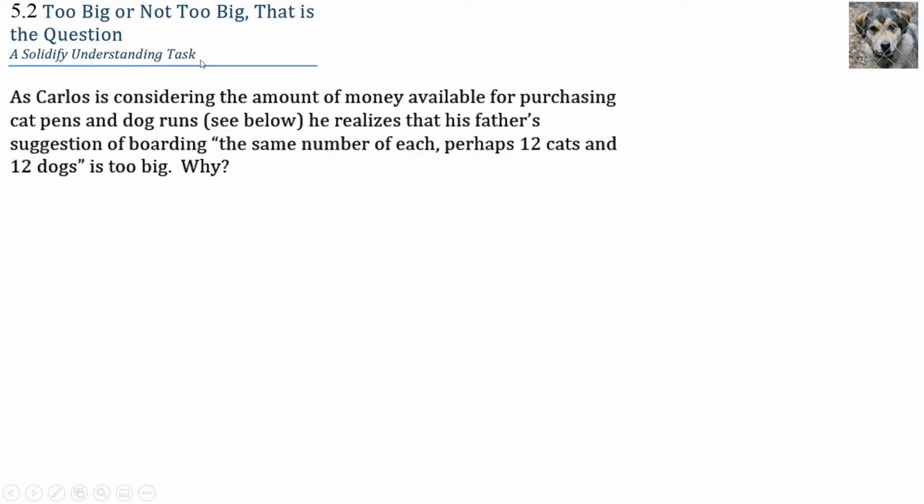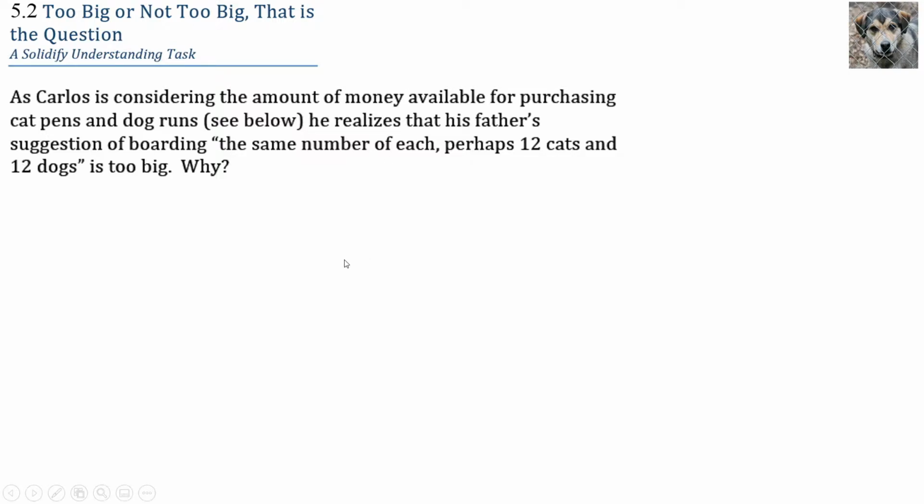And 5.2, too big or not too big? That is the question. A solidifying understanding task. Oh, too big or not too big? That is the question. I get it now. As Carlos is considering the amount of money available for purchasing cat pens and dog runs, see below.